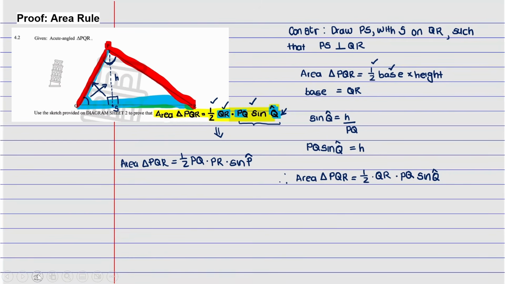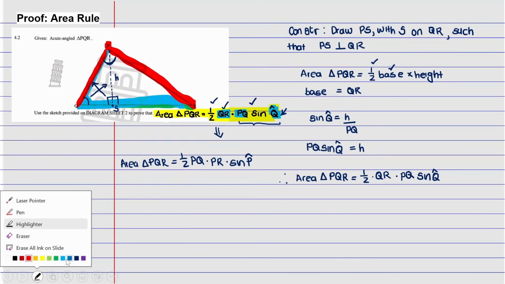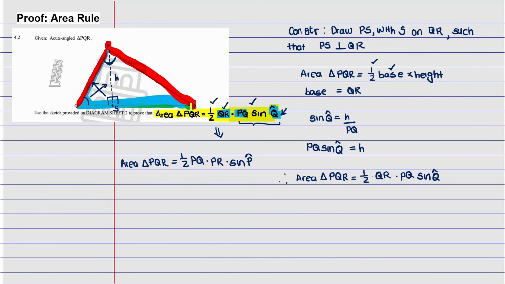Now let's change it and make R the included angle. Let me change my color to yellow. We want R to be our angle, so it's going to be two sides and the included angle. The included angle is going to be this one, then the two sides.